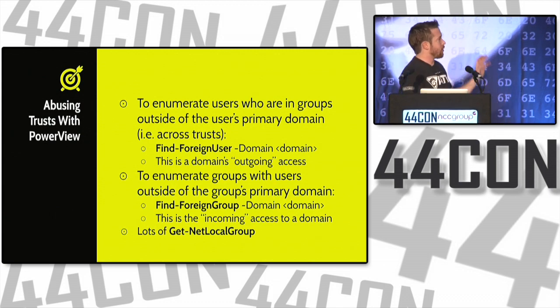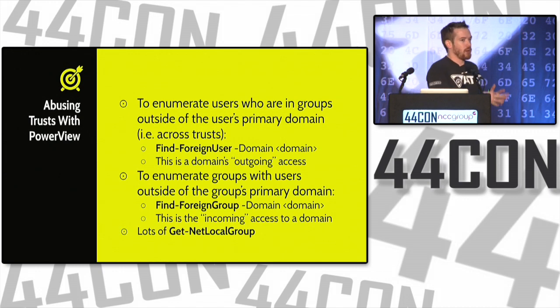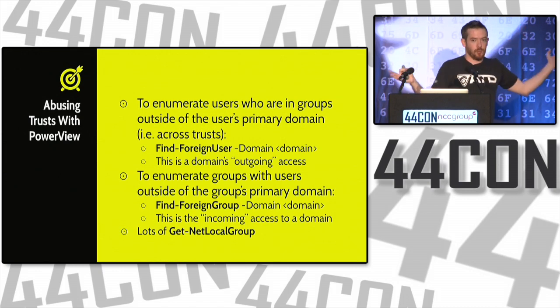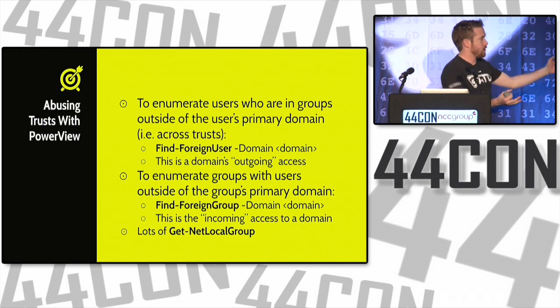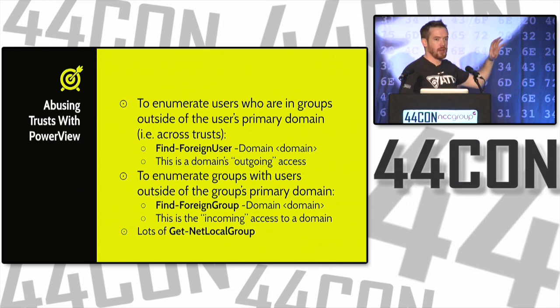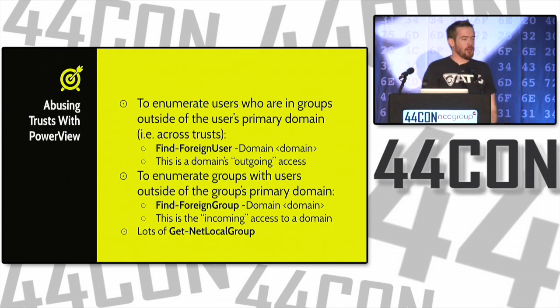So if we land in a domain, we might use Find-ForeignUser to figure out who in that originating domain has access somewhere else. If we're trying to reach a target, we'll use Find-ForeignGroup on that target to figure out who has access into it and map out those relationships as far as that visualized domain mesh access that we talked about. We also use a lot of Get-NetLocalGroup.